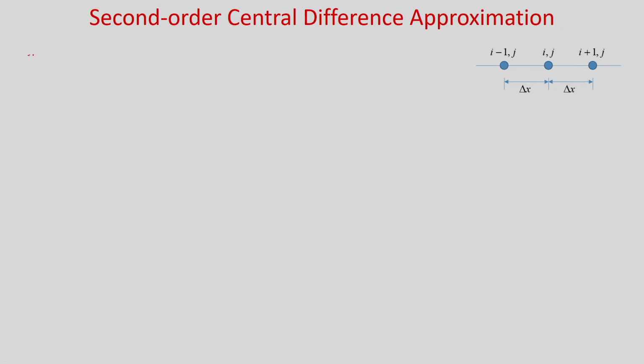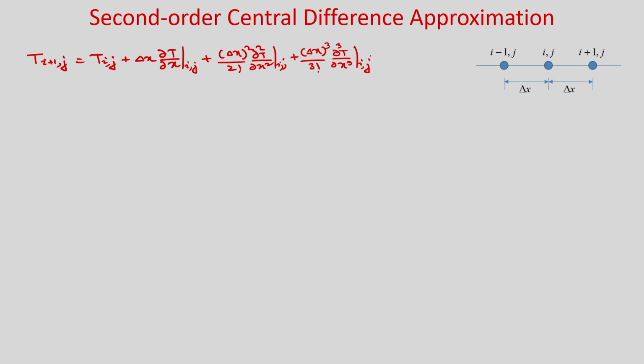Using Taylor series expansion, you can write T i plus 1 j as T i j plus delta x del T by del x plus delta x square by factorial 2 del 2 T by del x square plus delta x cube by factorial 3 del cube T by del x cube and delta x 4 by factorial 4 del 4 T by del x 4 at i j and other terms.